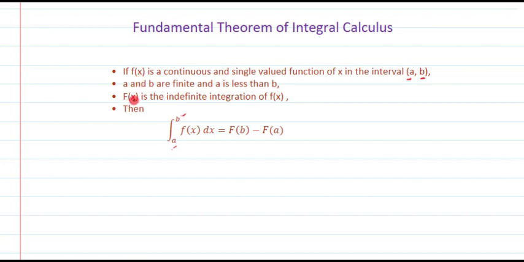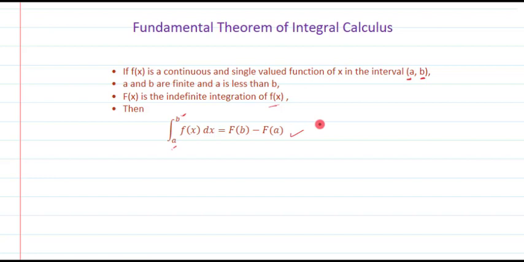What is this capital F(x)? Capital F(x) is the indefinite integration of small f(x). Then the integration of small f(x) dx over the limit a to b is equal to F(b) minus F(a), capital F(b) minus capital F(a), and I have explained how we are getting this in the previous slide.